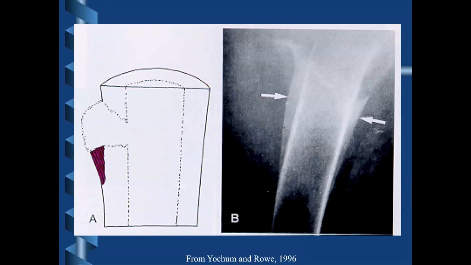The periosteum just gets lifted up into this triangular shaped appearance, and we can see it really nicely on this particular picture. So the infection would be up in here, and we've got a Codman's triangle periosteal response either side of the shaft. It's like a cuff or a sock surrounding the shaft of the bone there.